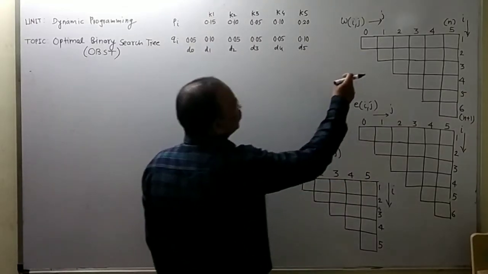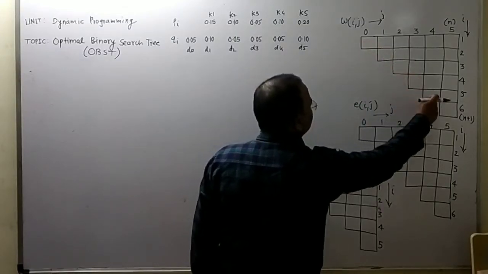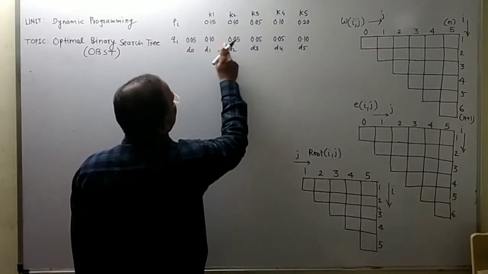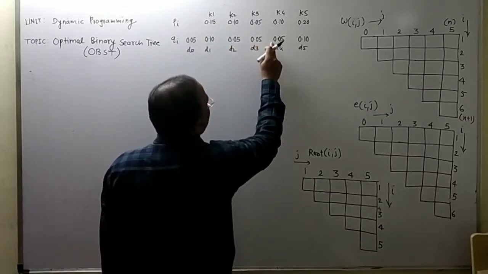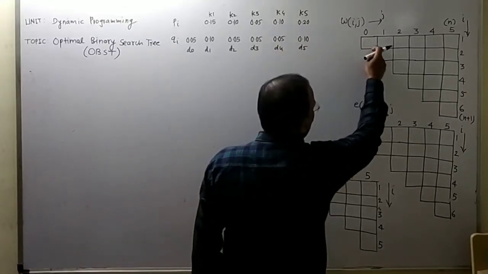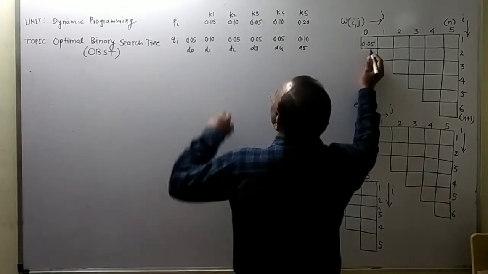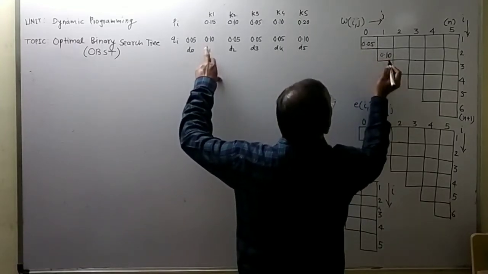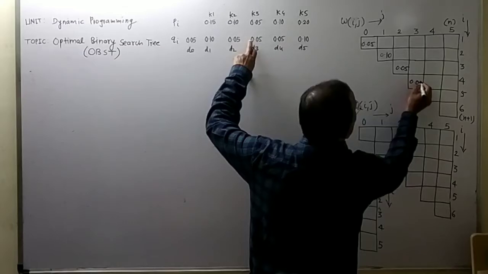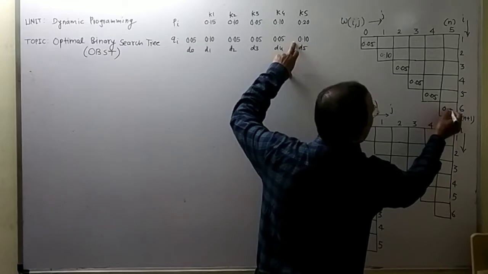In W table, first we have to put the probabilities of dummy keys in bigger diagonal. Probabilities of dummy keys are 0.05, 0.10, 0.05, 0.05, 0.05, 0.10. Put these values in the cells of the bigger diagonal, that is 0.05, 0.10, 0.05, 0.05, 0.05, 0.10.